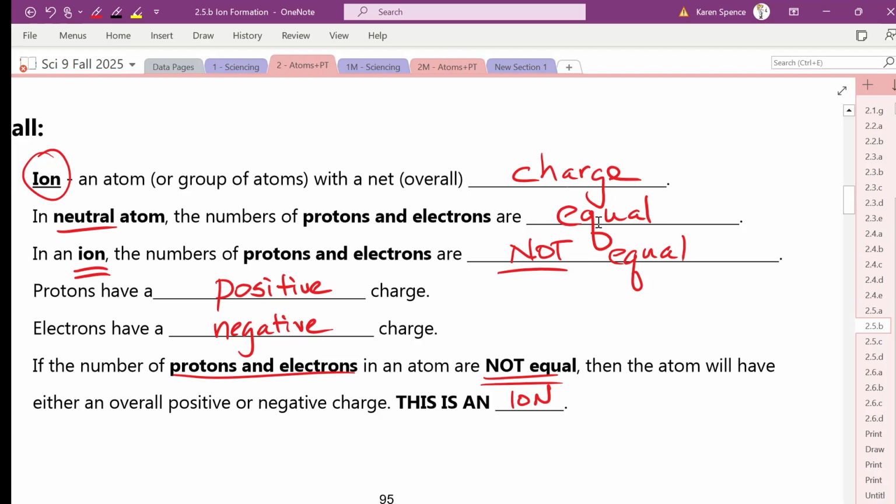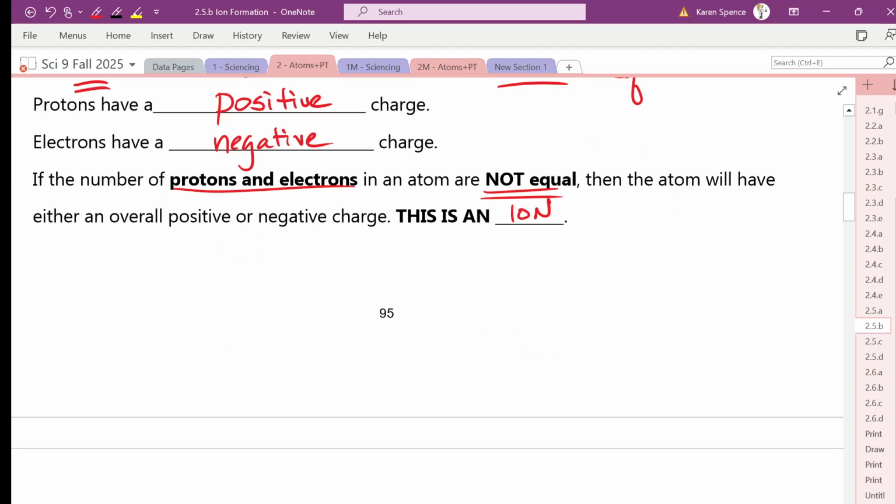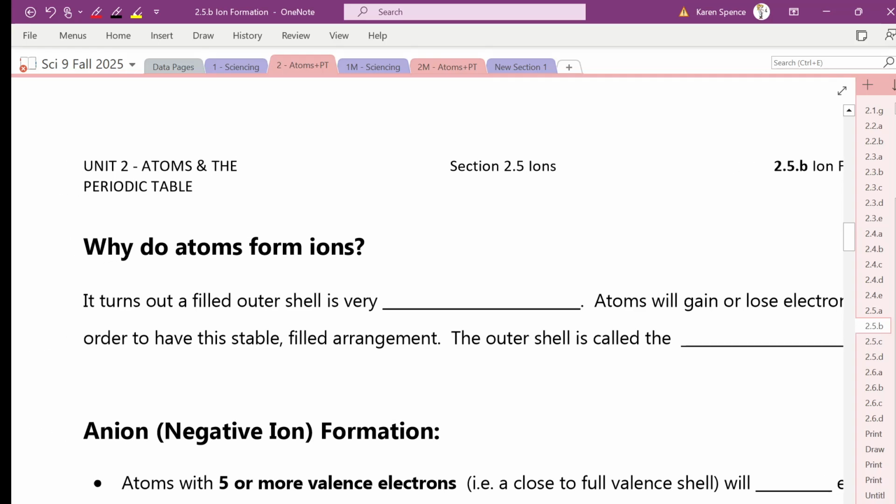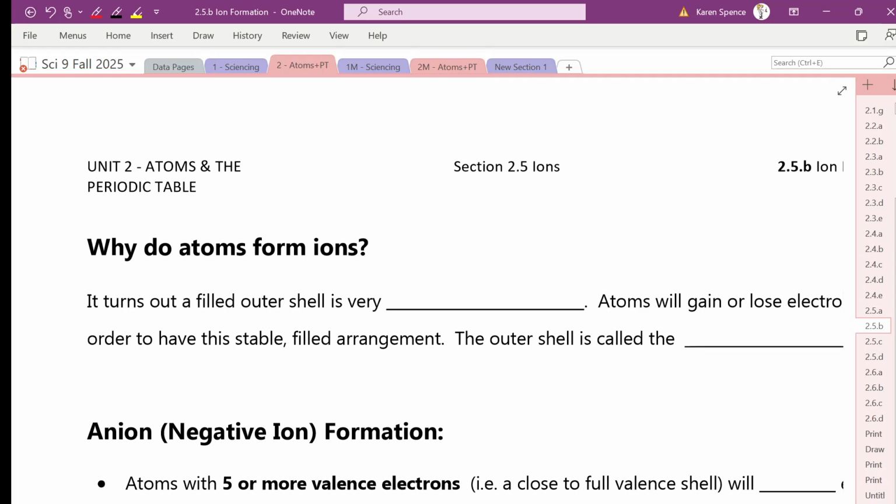And now we get to see why they do it. Why would they bother? And now we're going to refer back to the Bohr model. What do you guys remember about the Bohr model? It has shells. How many on shell 1?